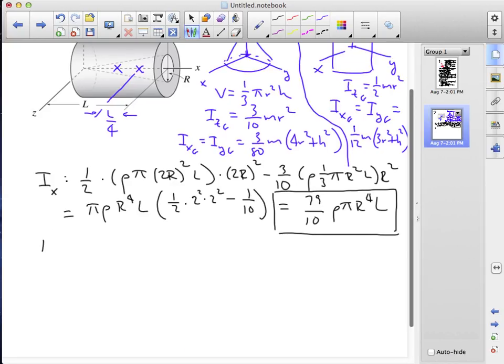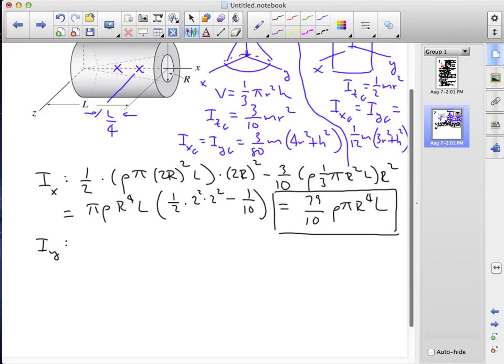Now for IY, this is going to be more complicated because we will have a parallel axis offset. The local y-axes through the centers of mass of the cylinder and the cone are offset from the y-axis of interest. In this case, we can use the values of IYG in both the cone and the cylinder cases because that does correspond to an axis that's perpendicular to the axis of revolution of those objects.